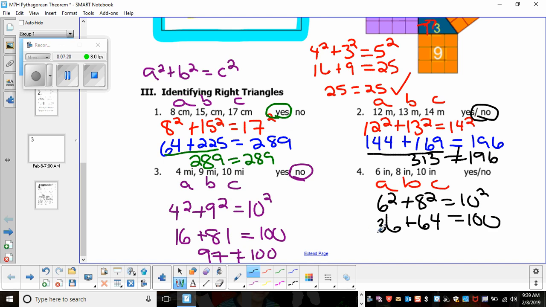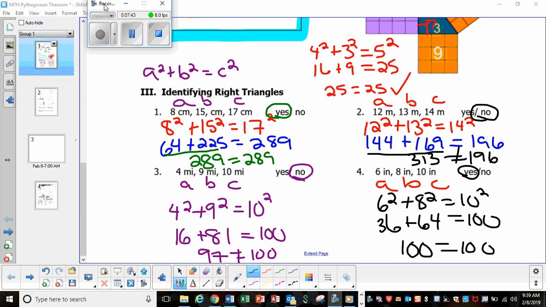When I add 36 and 64, I do in fact get 100. So 100 equals 100. So these are in fact three sides that make up a right triangle. So in that section, we're verifying if these three sides make a right triangle. So this is how we show work to prove.